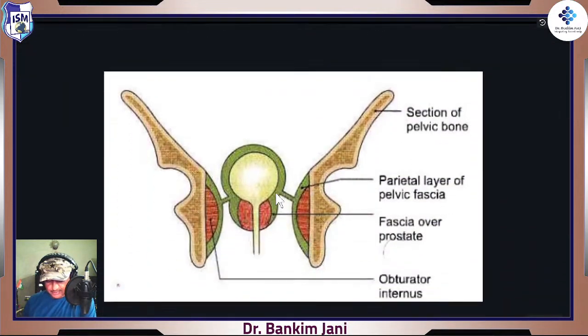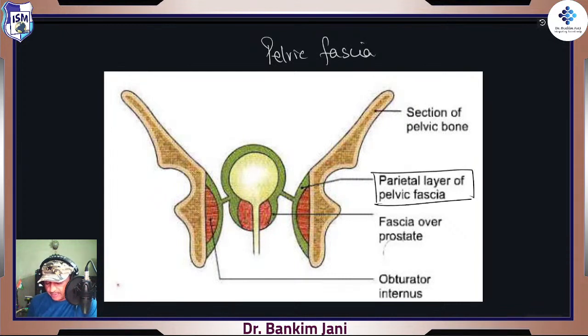Now let's see over here. So this is the pelvic fascia, and what it is showing is the parietal layer of pelvic fascia. See, it is onto the lateral wall. It would be covering the fascia over the prostate and, as we saw, the obturator internus.